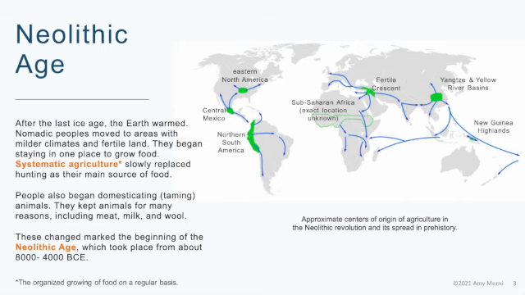So the Neolithic Age, you see a map here of the different areas around the world. You see the green areas are the areas where the origins of agriculture as part of the Neolithic Revolution happens, and then we see how people spread from those different areas.